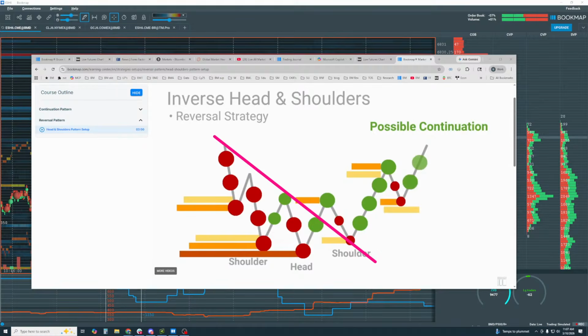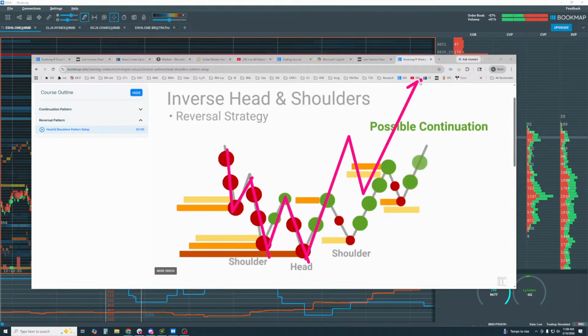A lot of times in the trend line break accumulation, what you get is this move, and then you get this move, right? So it doesn't even do it. It bypasses that shoulder.